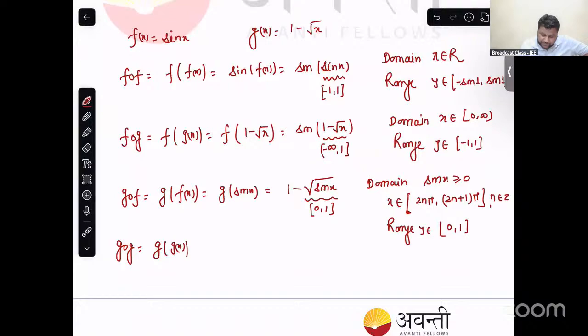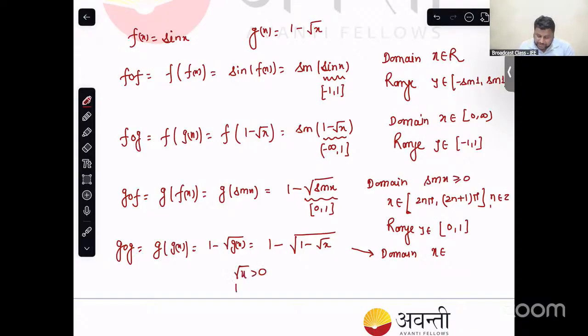That is g of g(x). That is 1 minus under root of g(x). 1 minus under root of 1 minus root x. Now, this is your function. First of all, if I talk about the domain, x belongs to, now see, root x should be positive as well as 1 minus root x should be positive. What do you want?